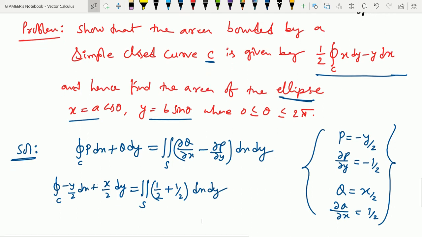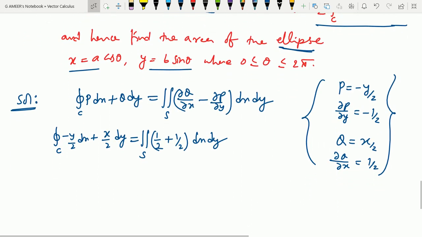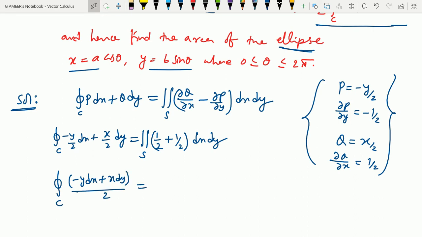So from here what I'll have, the closed integration of minus y dx plus x dy divided by 2 is equal to the surface integration of dx dy.